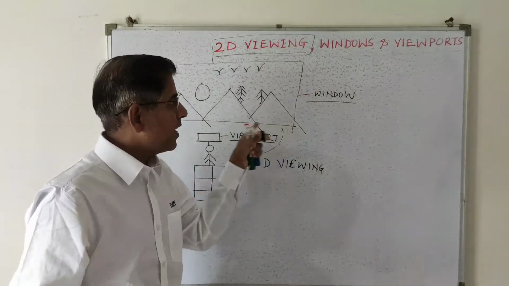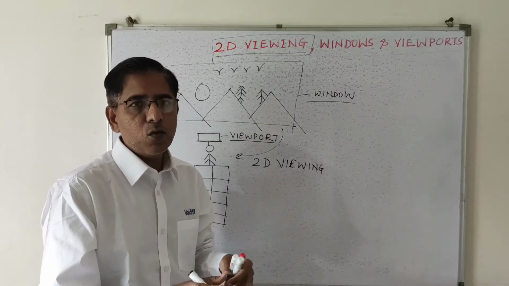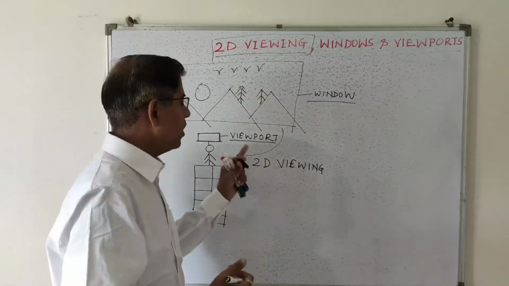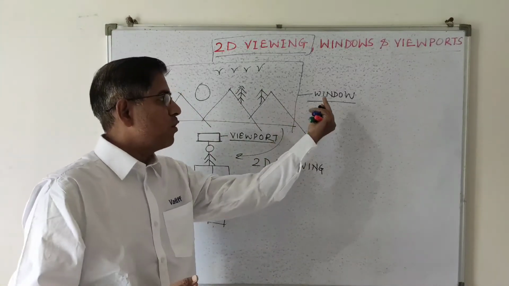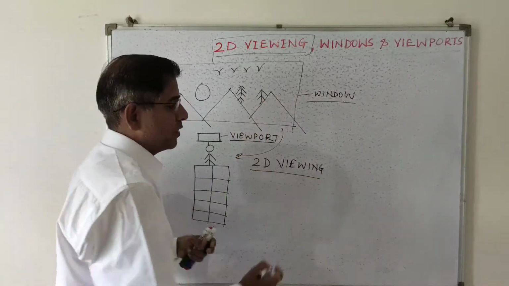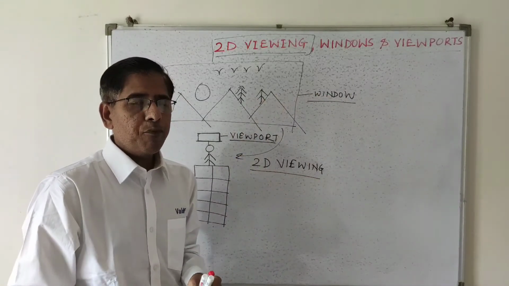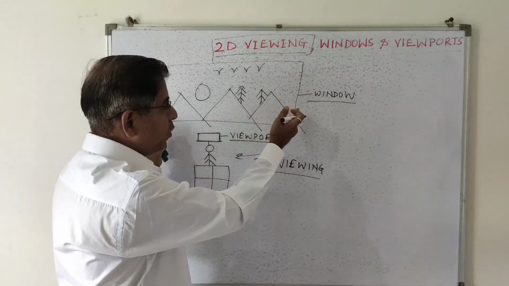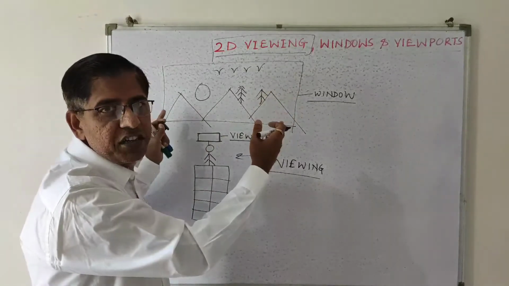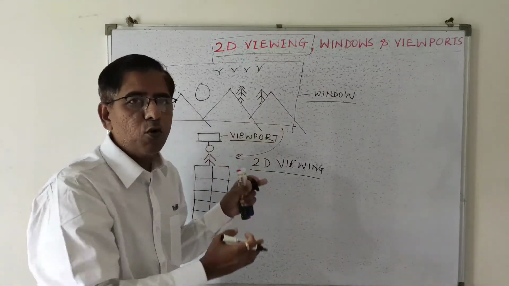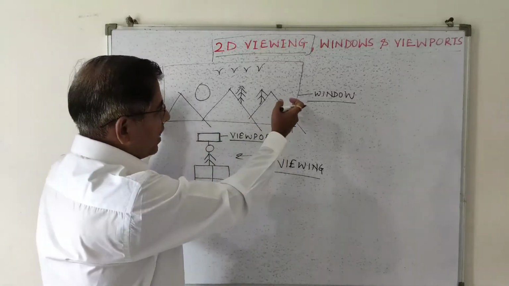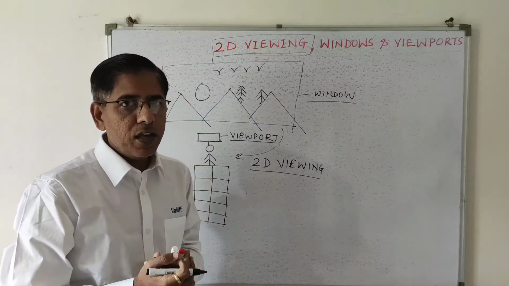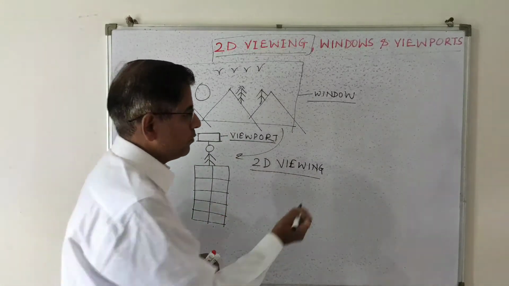So the bigger rectangle in which the scene is included is the window, and the second rectangle in which you want to view it on a screen is called the viewport, and the conversion from window to viewport is called 2D viewing. Now in this particular example, the window is larger, which may span from certain meters to certain kilometers, whereas the viewport rectangle is a few inches. So in this case, the entire scene is downscaled.